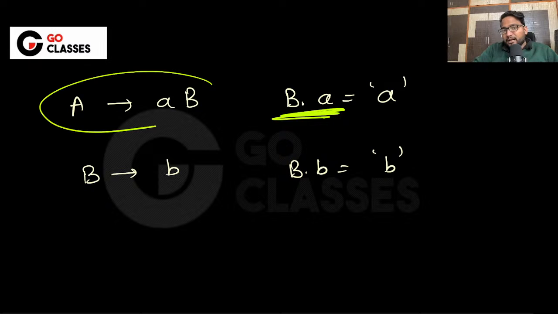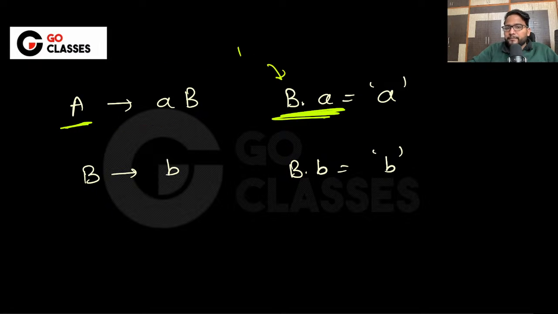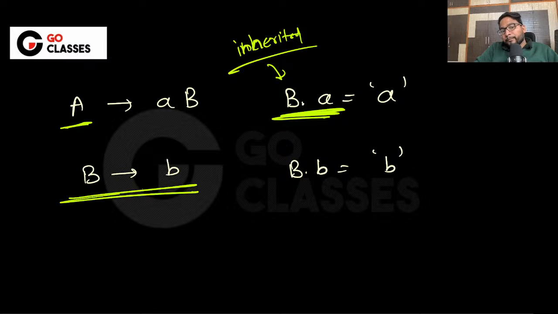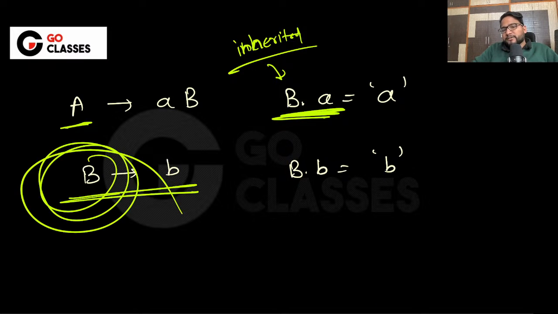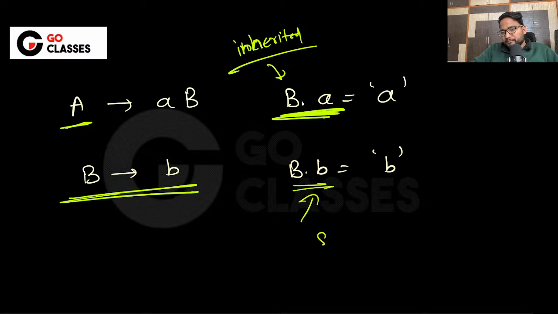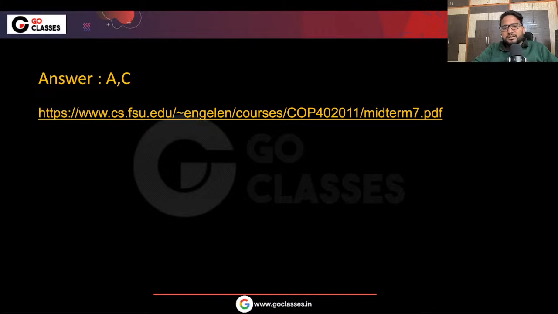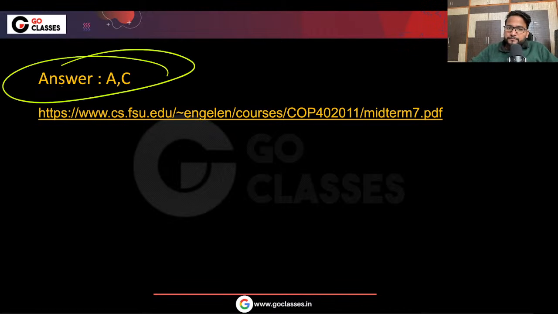See, here only A synthesized can be defined, so this must be inherited. And here only the B synthesized can be defined, so this must be synthesized. So A and C are the answers here. Understood?